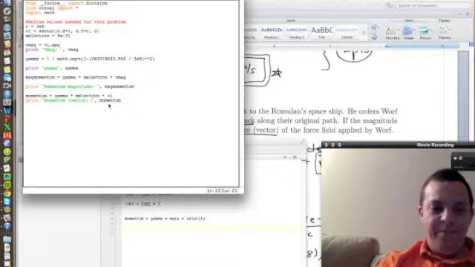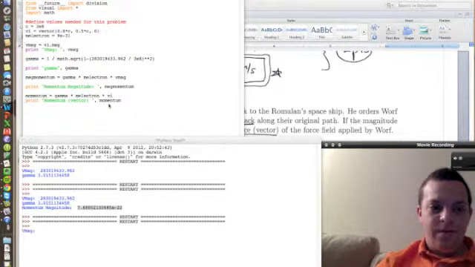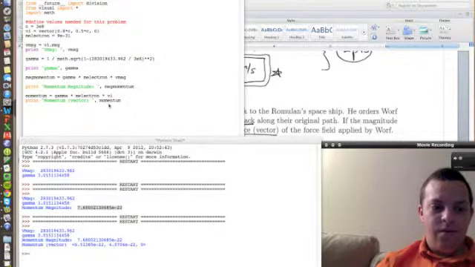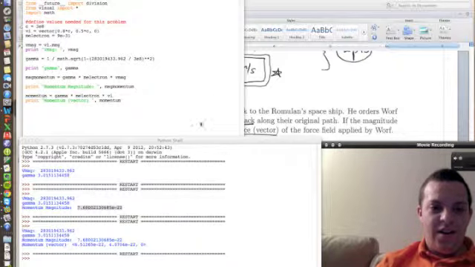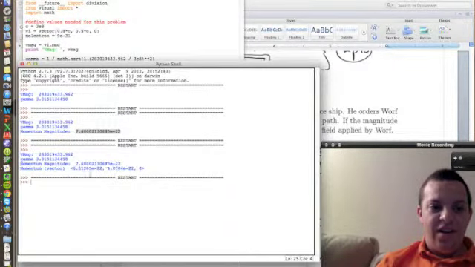Let's run it. And this is our momentum vector. You see right here is 6.513 times 10 to the negative 22, 4.0704 times 10 to the negative 22, and 0.